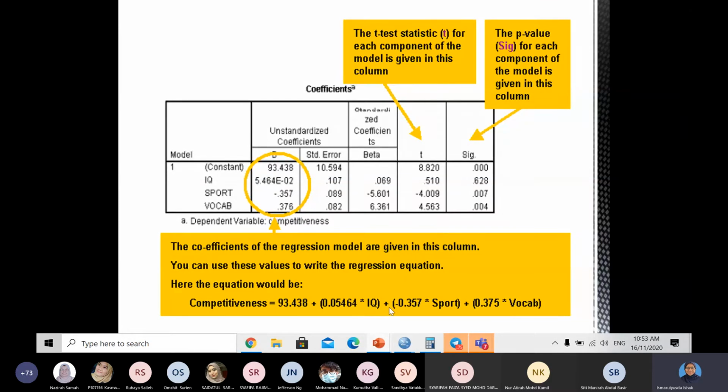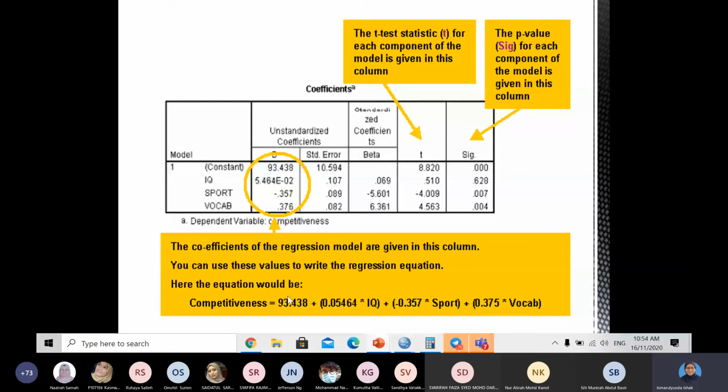Okay, IQ plus, this is negative 0.357 for sport, and plus 0.376 for vocab. So this is your equation, where the strength of this equation is 90%.